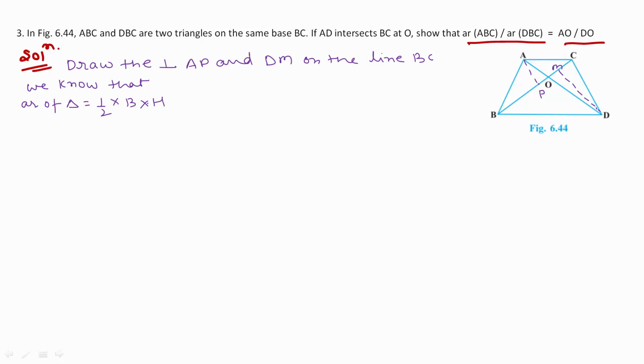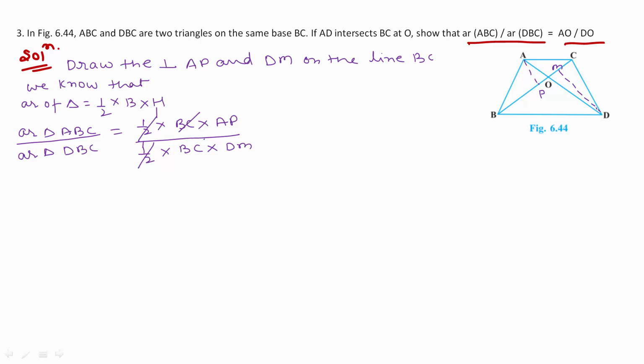So area of triangle ABC upon area of triangle DBC is equal to 1/2 into base BC and height AP, upon 1/2 into base BC and height DM. The 1/2 cancels out, BC and BC cancel out.